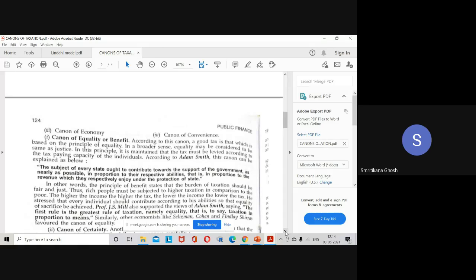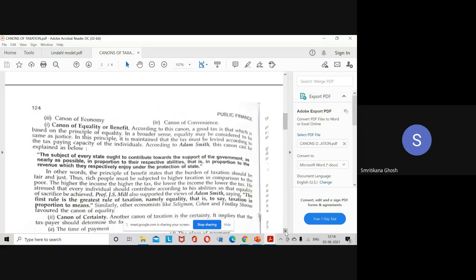This is not justice. So tax should be such that everyone can understand and realize that whatever I am giving as tax, and whatever I am earning after paying the tax, there is justice behind that. Okay, so this is the first thing, the canon of equality.